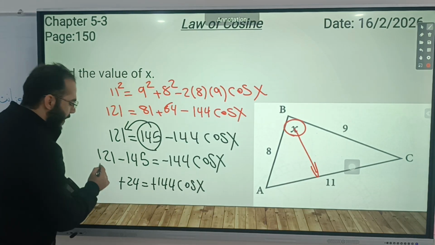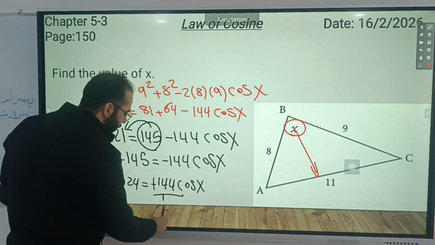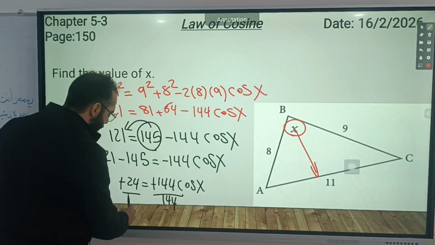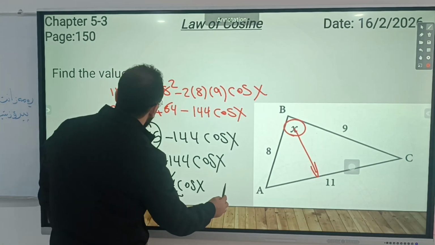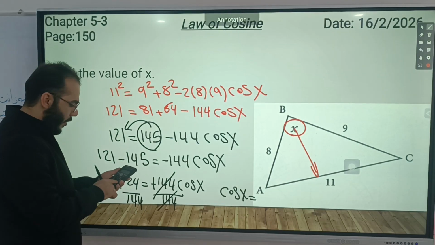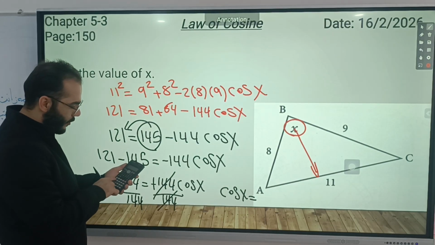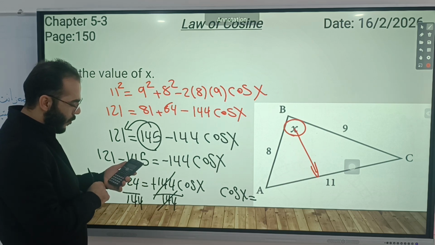These two negatives are going to cancel each other. Now finally divide both sides by 144. That's going to cancel this side. Finally, cosine x equals 24 divided by 144.